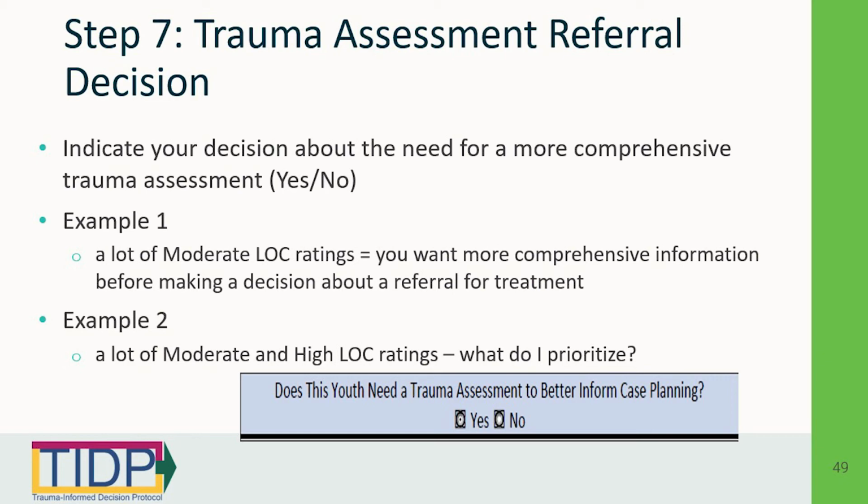You're seeing moderates and highs across all three of these categories. You might decide, I know I'm going to focus on substance abuse, but I need to know, is this much more of a trauma-informed approach, a general mental health approach, or a trauma-specific approach? Further assessment might help you unpack that as well.